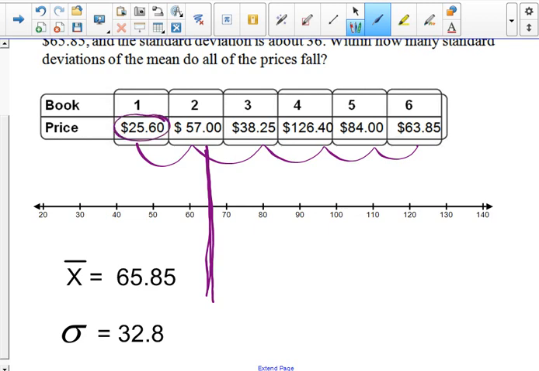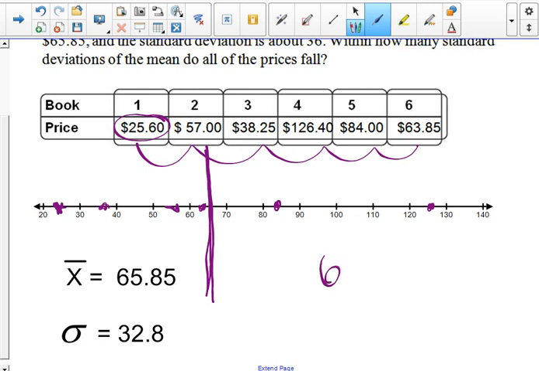So 25.60 is about here. 57 is about right here. 38.25 is about right there. 126.40 is up here. 84 is down here. And 63.85 is about there. So now let's do our standard deviation.